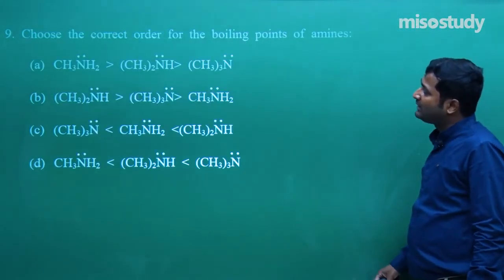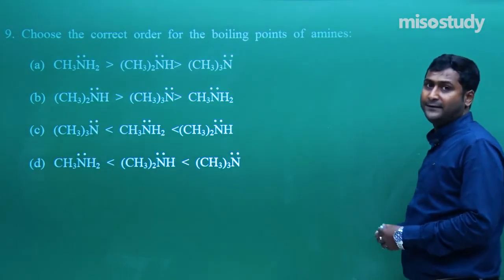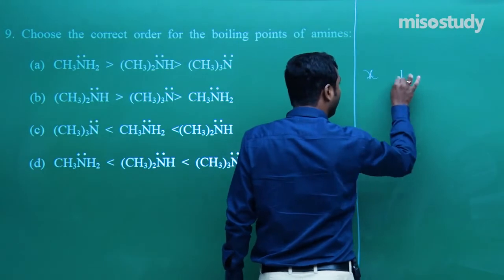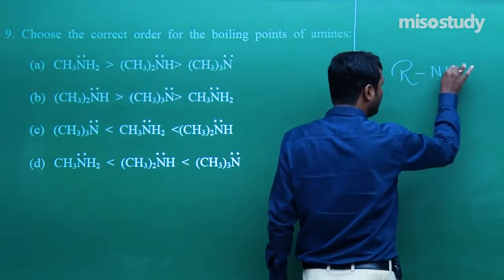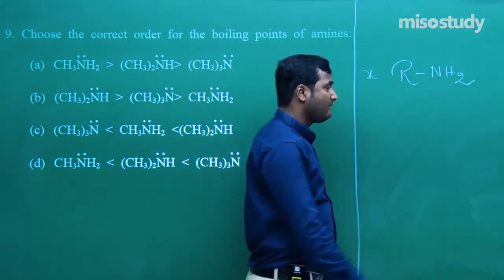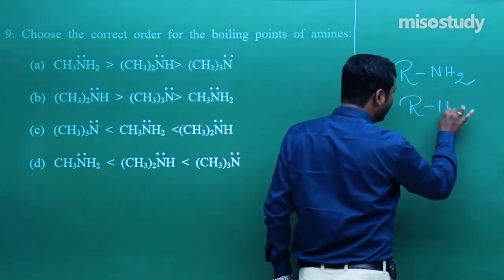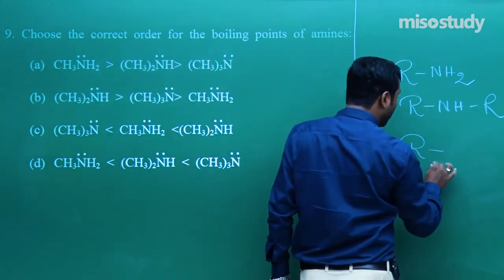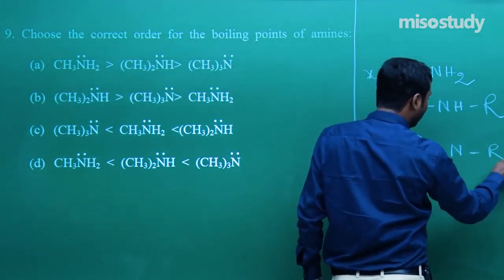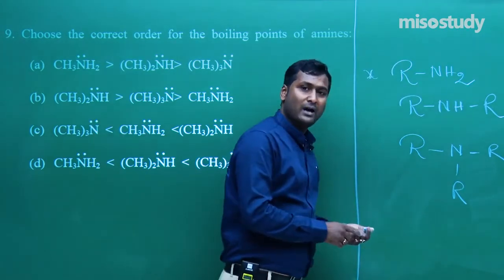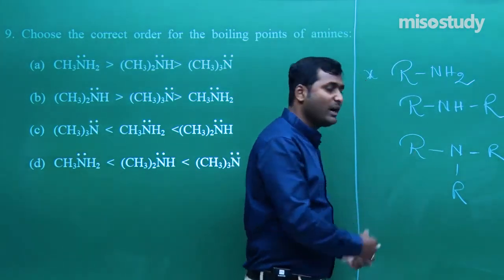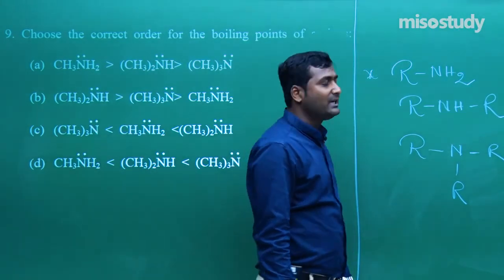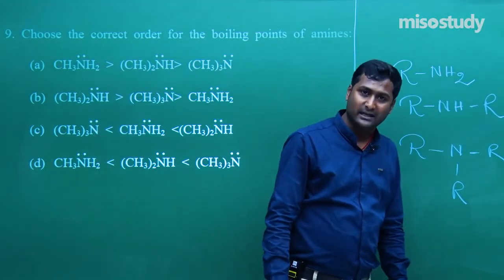Now question number 9, choose the correct order of boiling point. As we know, if I talk about RNH2, RNHR, and RNR2, if there is more association, more tendency to form hydrogen bonds, then definitely the boiling point increases.